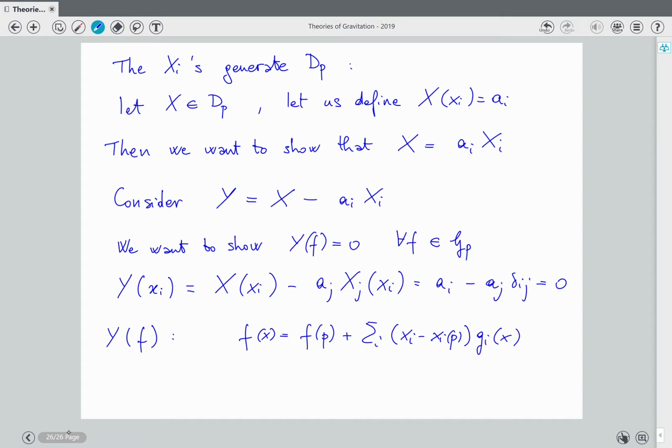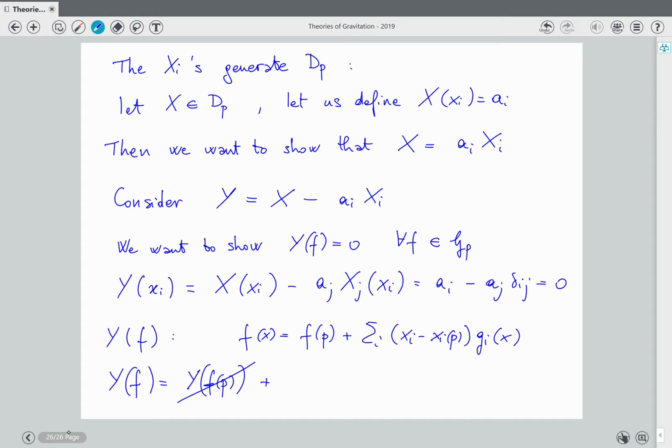And then the result is simple, because y is linear, it's a derivation. So it's y of f of p, but y of f of p is 0 because this is a constant.